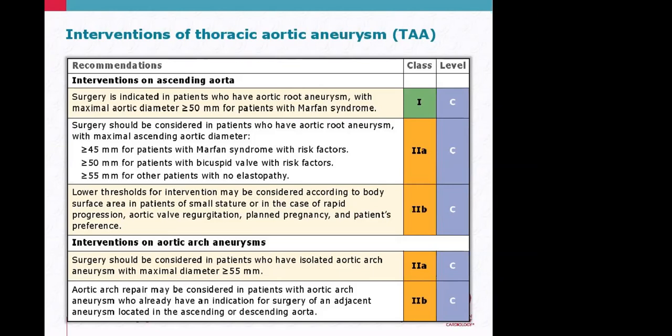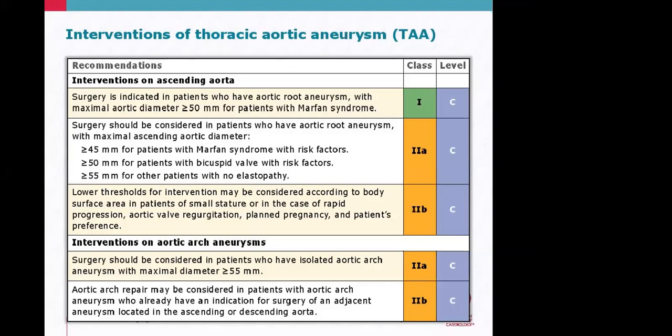Or if Marfan syndrome in a young female who is planning to get pregnant, we go down to 4. If Marfan syndrome going for other cardiac surgery, we go to 4.5. And bicuspid valve is the same as the regular population, 5.5, and if going for other cardiac surgery, 4.5.